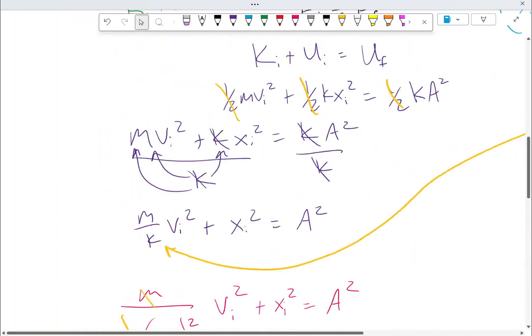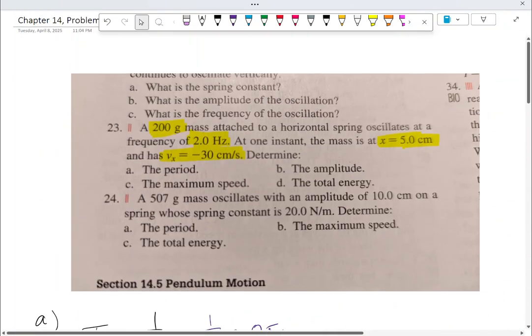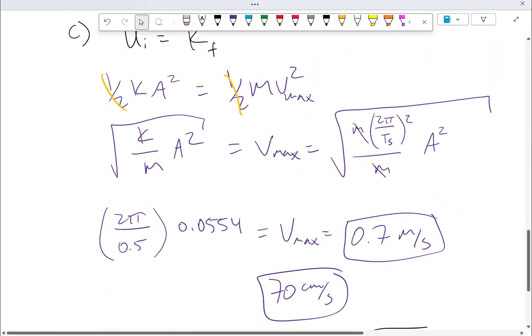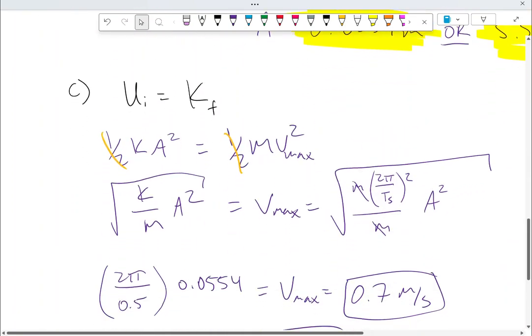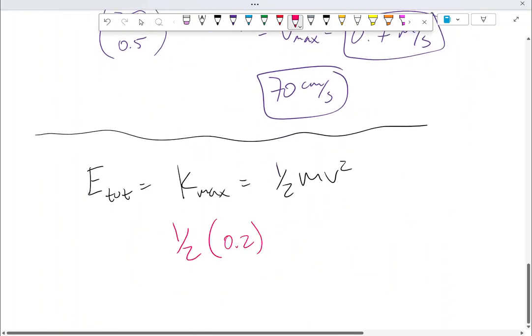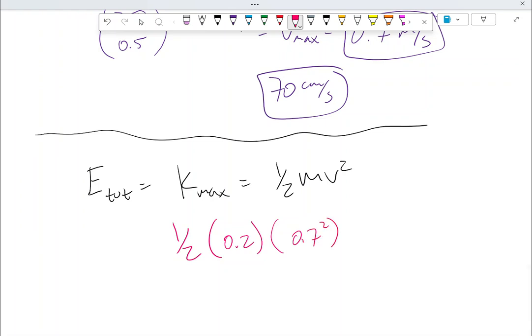Did they give me the mass? They did, 200 grams. Oh, the mass always canceled out before. So 200 grams, so that's 0.2 kilograms, times the speed, which I just found, 0.7 squared. So what does that look like? 0.7 squared times 1/2 times 0.2 is 0.1.